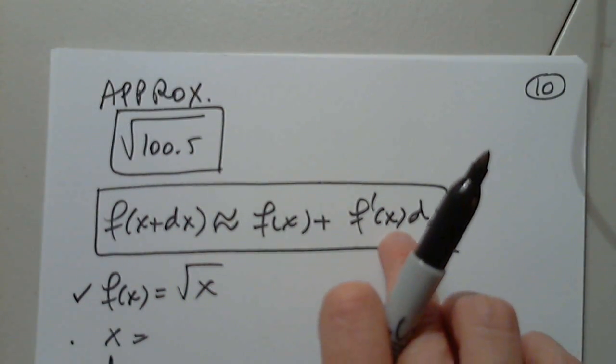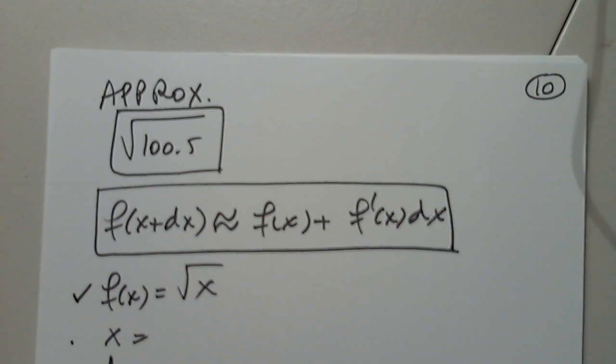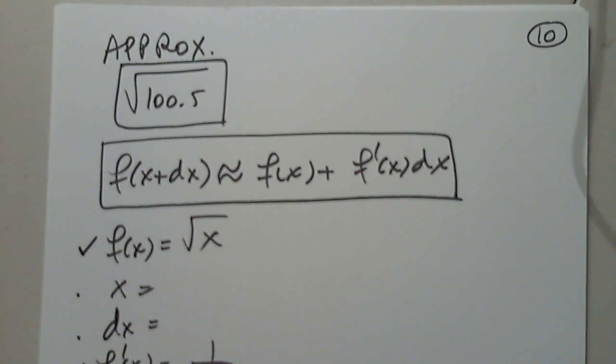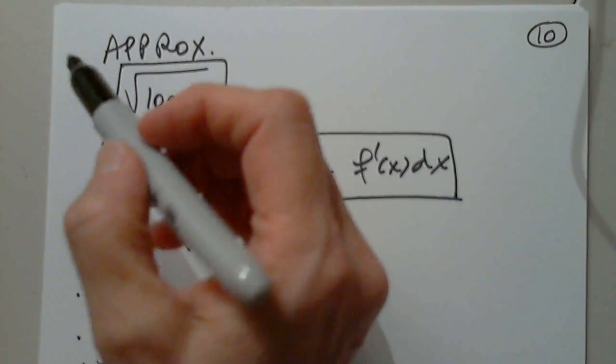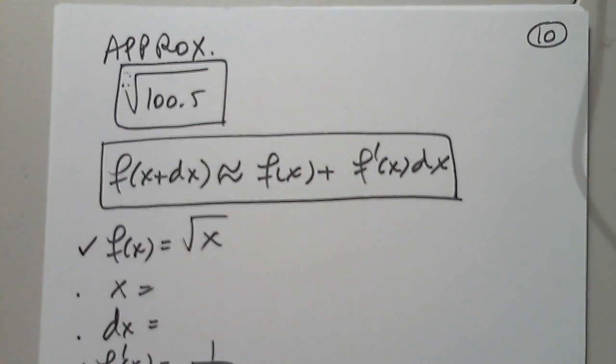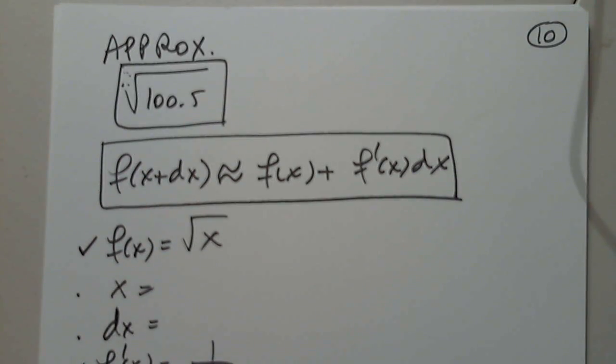Now I have to identify x and the tiny error based on the fact that this is a square root. Is x 100? Exactly. 100, x and the tiny error, which is 0.5. Because I can take the square root of 100.